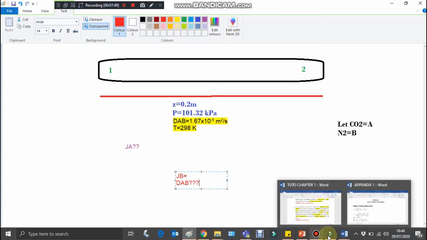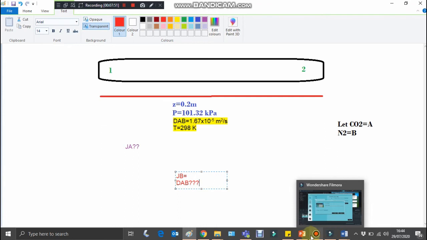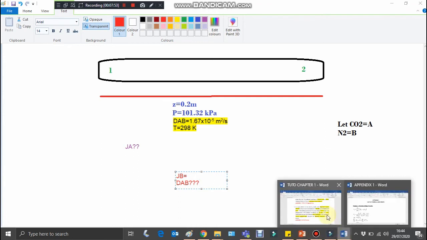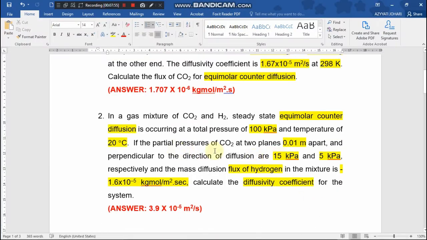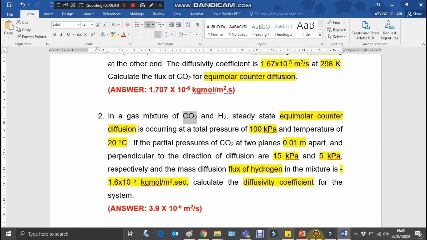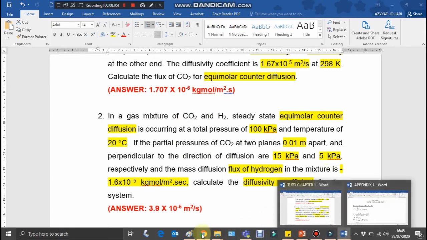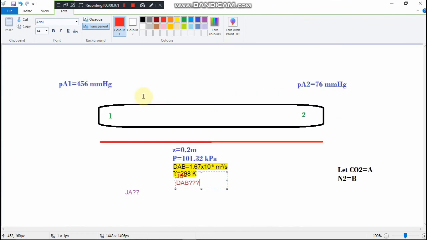So first thing, after you see the question gives all of the values in terms of CO2 as component A, which are 15 and 5, we just edit the first information here.